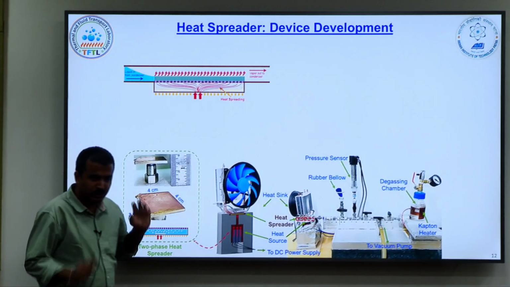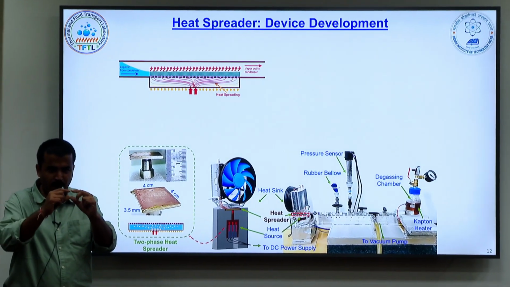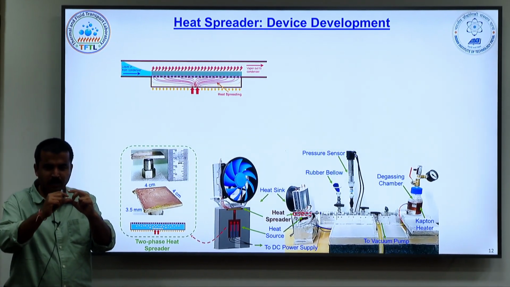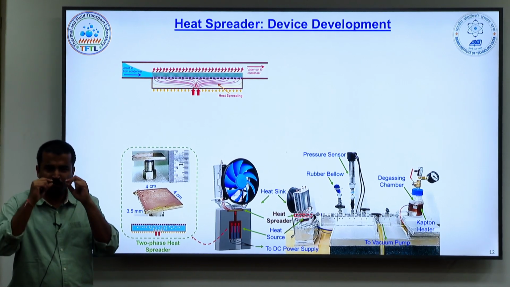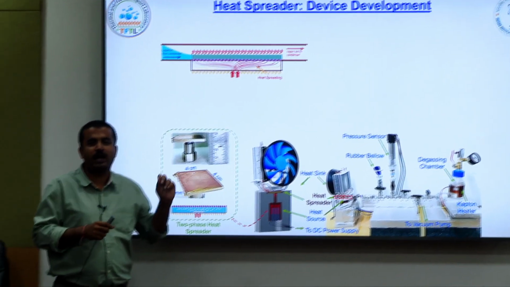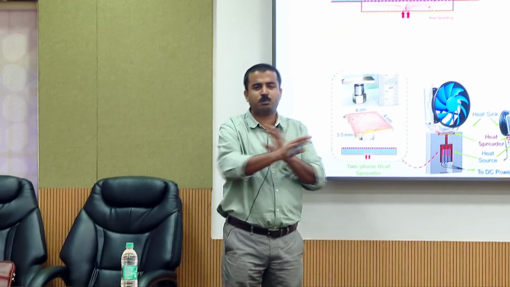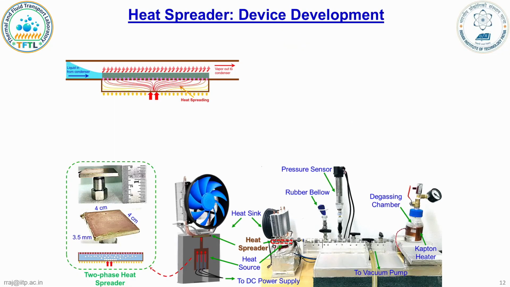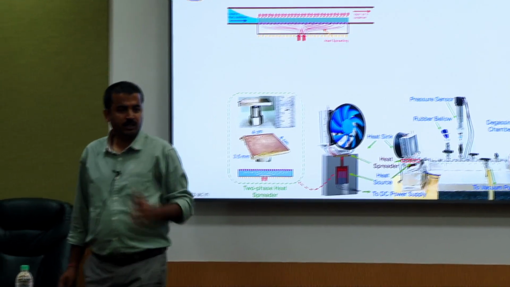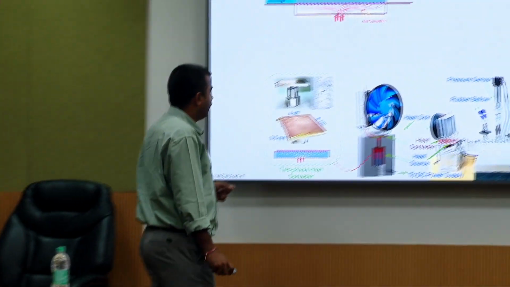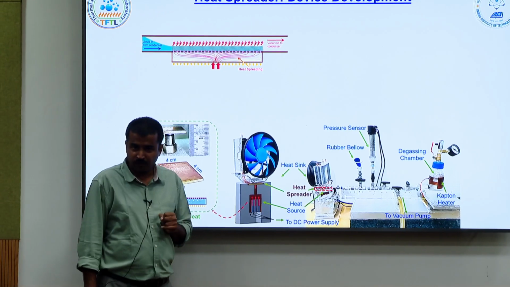Here is our heat spreader, which is nothing but a copper block with a 3 millimeter gap filled with this aqueous ionic liquid or surfactant solution. There is no special fabrication. Here is the hot spot, and on the top we have added quartz heat sinks, okay, and we want to go to really high heat fluxes.